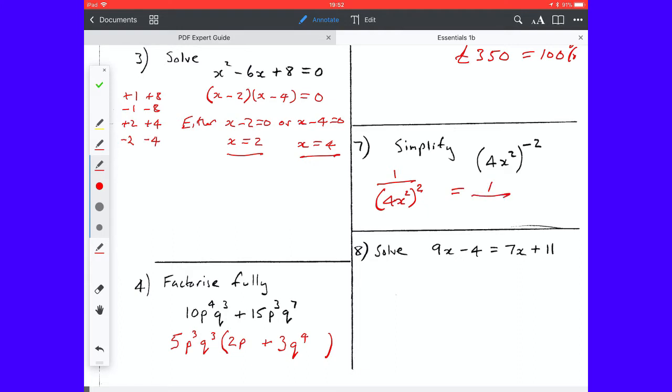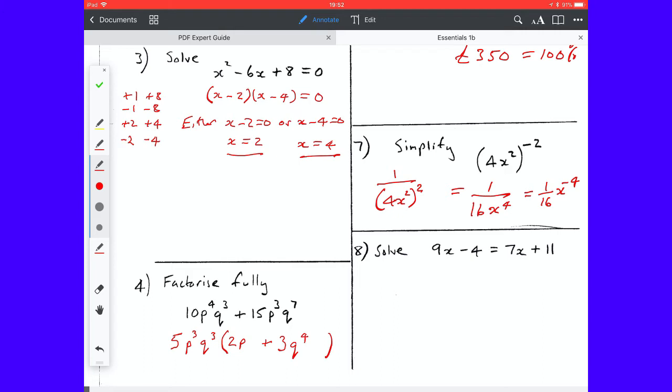Now when we square 4x squared, 4 squared is 16, and x squared squared is x to the 4. Final answer 1 over 16x to the 4, or alternatively we could write that as 1/16 x to the power minus 4. Either answer would be acceptable.